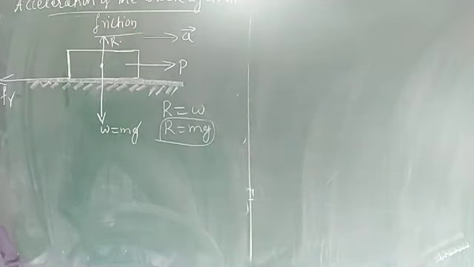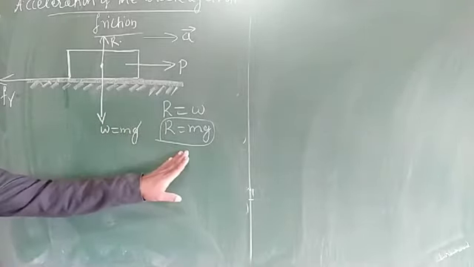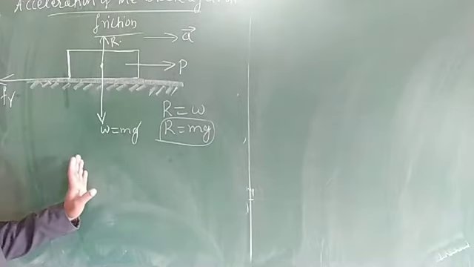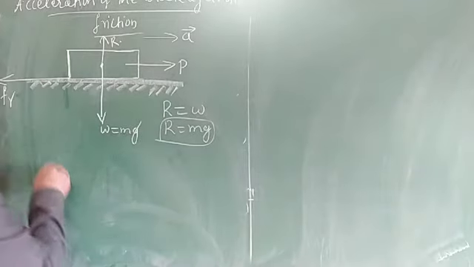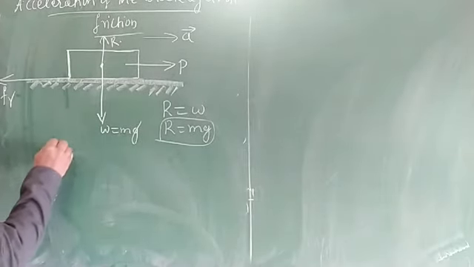Therefore, how to calculate the acceleration of the block? We know that acceleration can be calculated by forward force minus backward force divided by the total mass of the system.